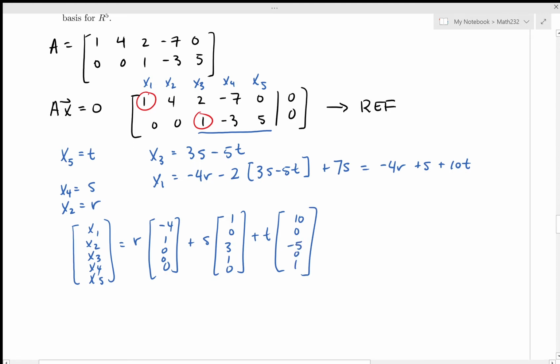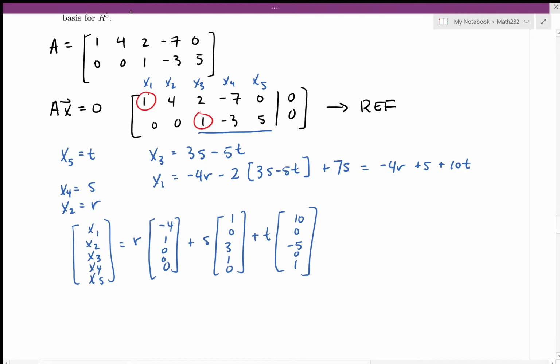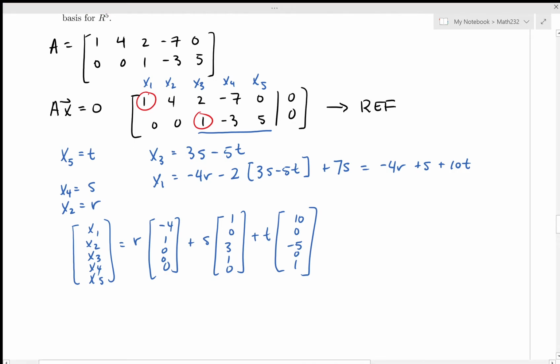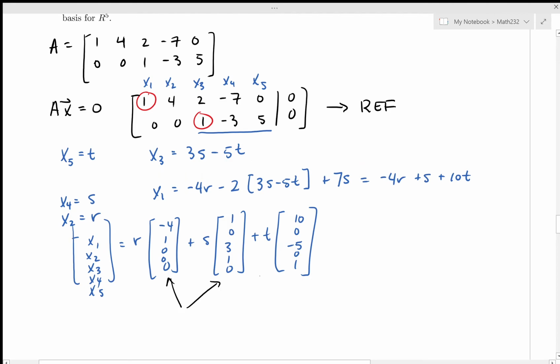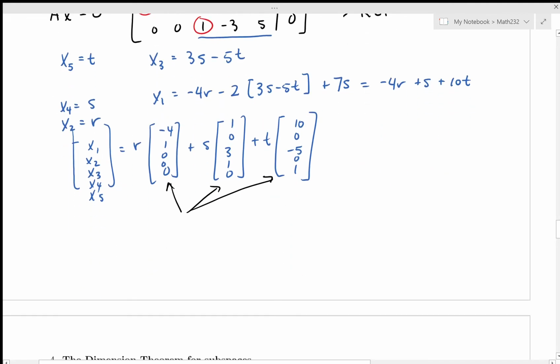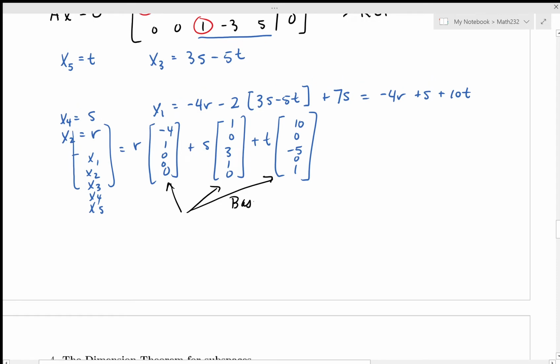These three vectors form a basis for the null space. These are basis vectors for the null space.